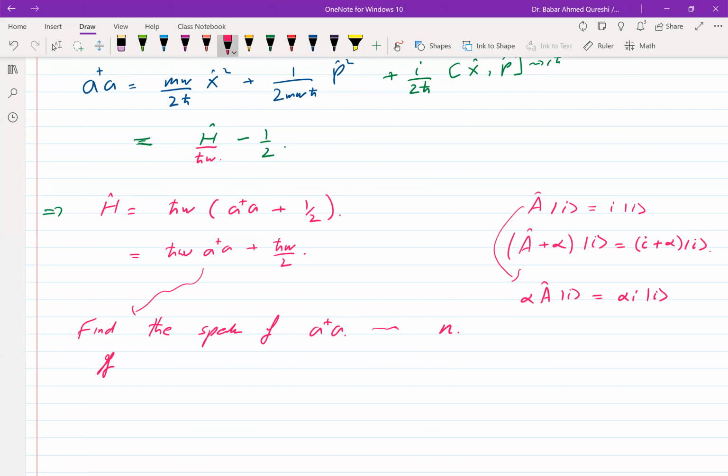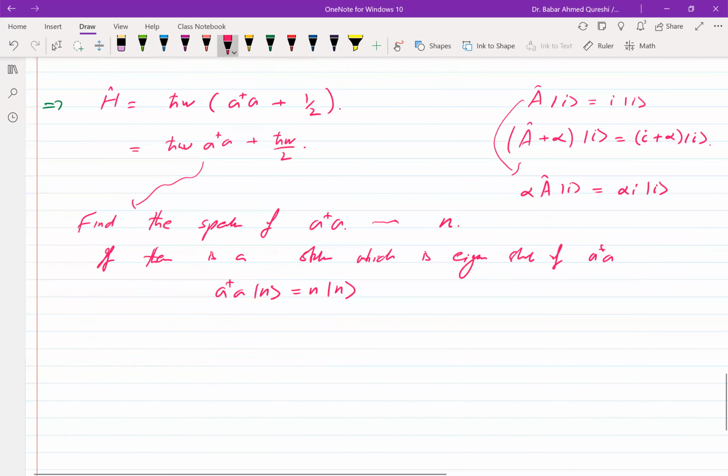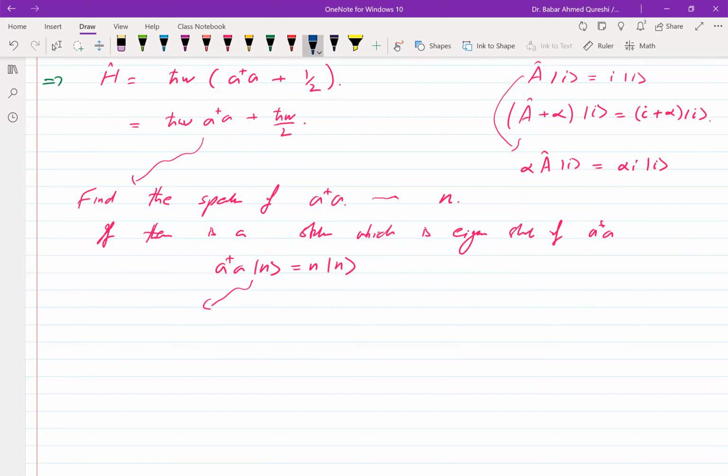If there is a state which is an eigenstate of A dagger A with eigenvalue n, then this state will also be, because you can just check, an eigenstate of the Hamiltonian with eigenvalue n plus half.